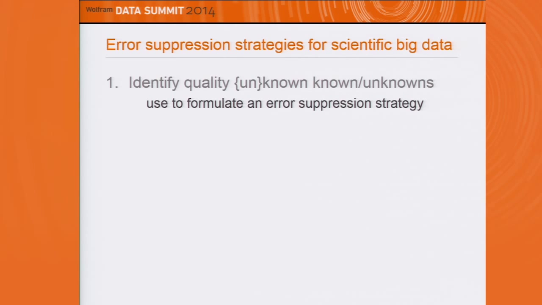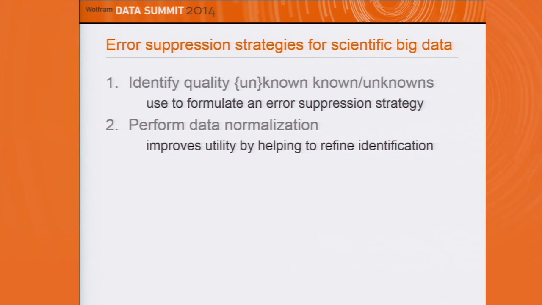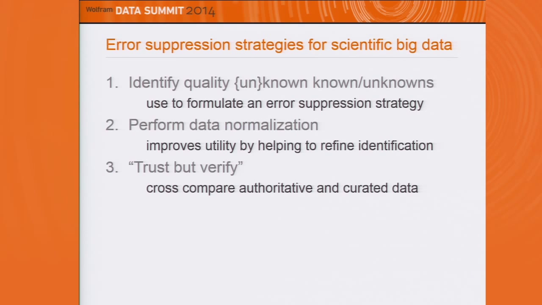One thing you need to do is understand the information that you have. Make sure you understand the scope of what you have. You need to do some type of data normalization to your data. If you just take it as is, you may be very unhappy for it. You need to trust your data, but you better cross-check it to make sure that it's what you think it is.